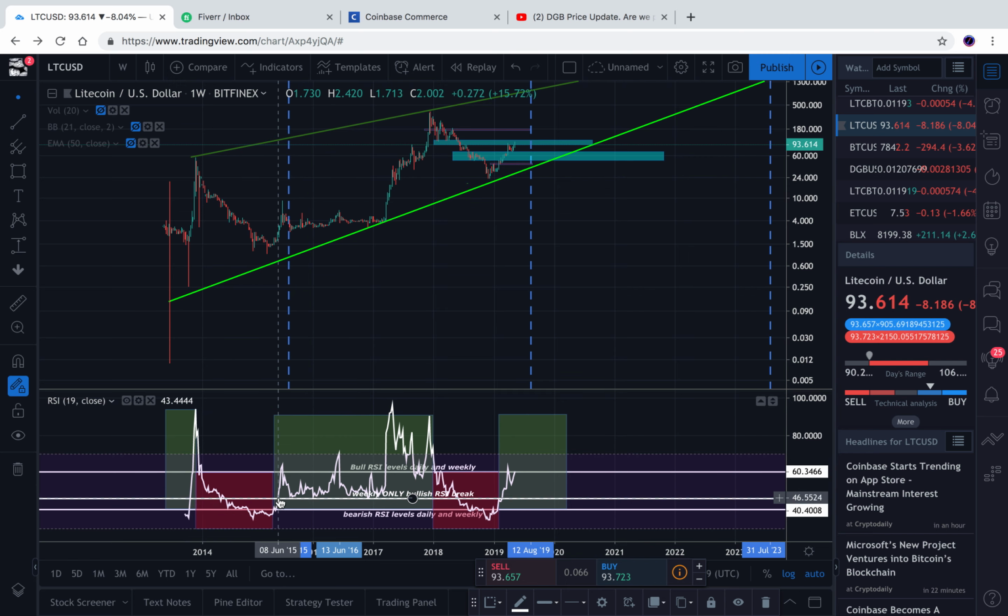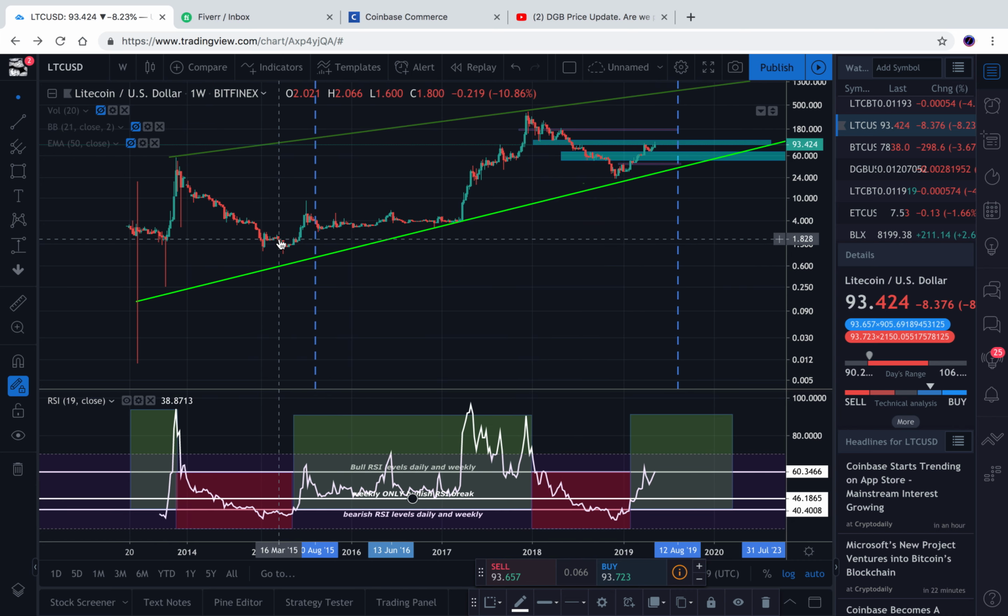And then as soon as you break that 46, 47 level again, which was right about here, you're not going to grab the bottom, but you'll definitely grab a good, significant entry. If you would have bought on the break of 46, you're basically somewhere in this area, like $1.80, $2 or so.